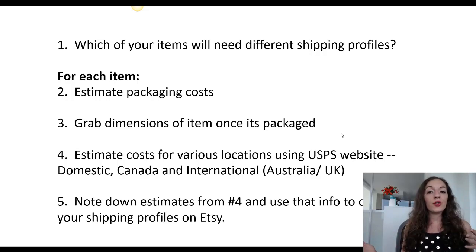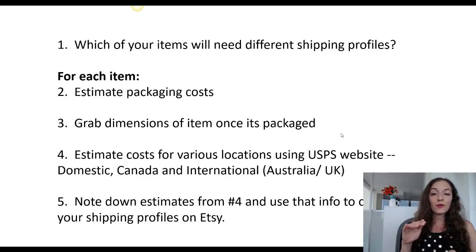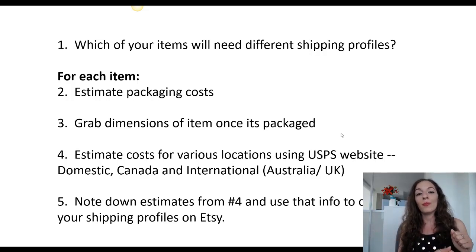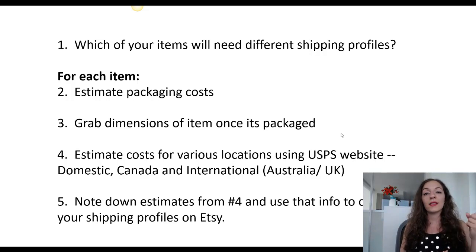For us in our store, we sell t-shirts and mugs. Now those are 2 items that need different shipping profiles because the t-shirt is relatively light, and the mug is a fixed size, first of all, so it's not like a t-shirt that you can put in one of those mailer baggies and then send it out.